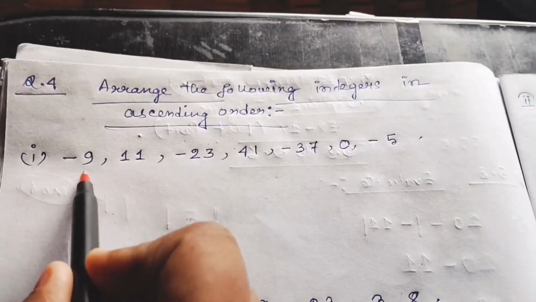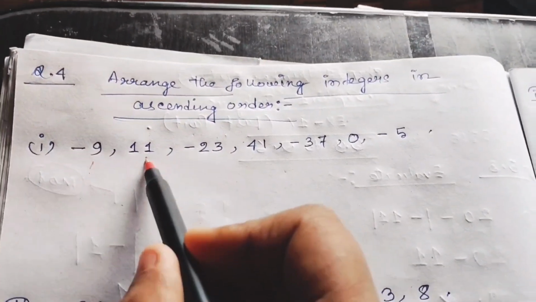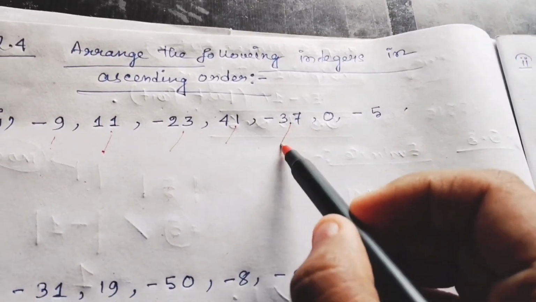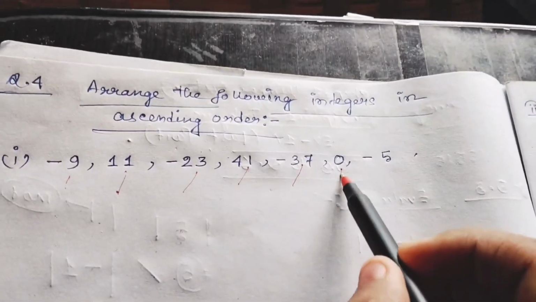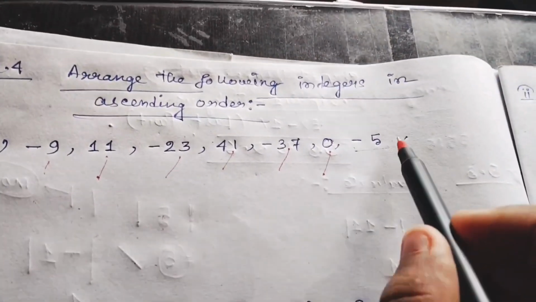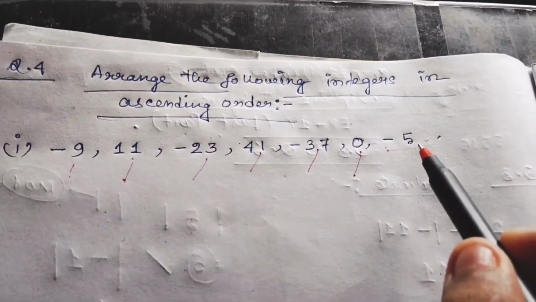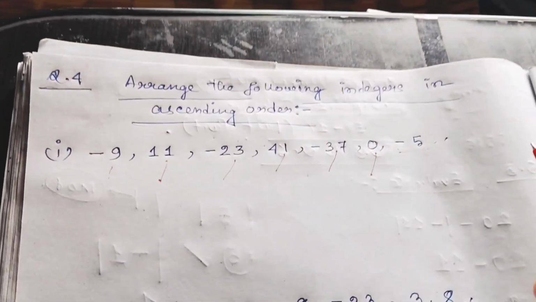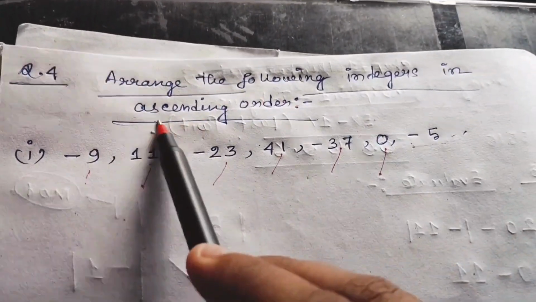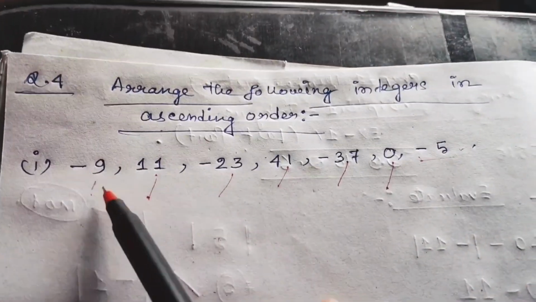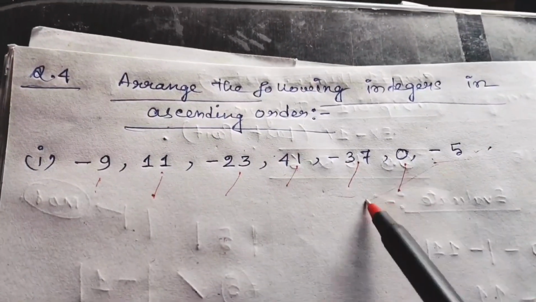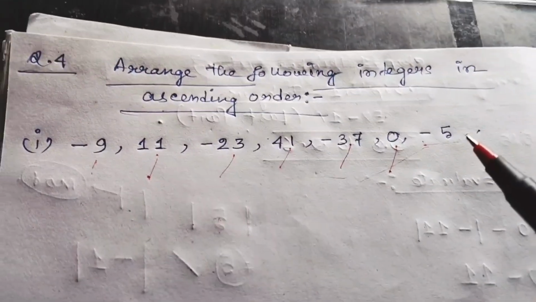-9 is a negative value, 11 is positive, -23 is negative, 41 is positive, -37 is negative, 0 is neither positive nor negative, so it is the middle point, and -5 is a negative value. The question says arrange these in ascending order. Ascending means smaller to bigger, so in this case the negative values come first.